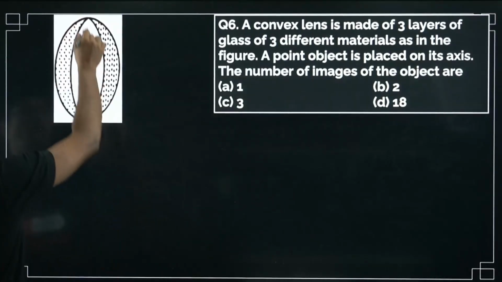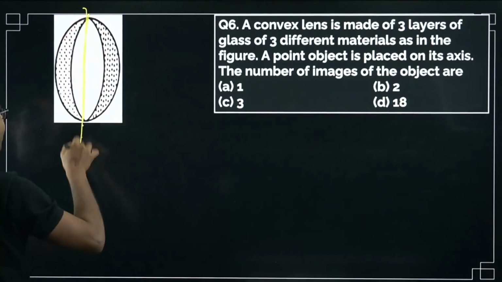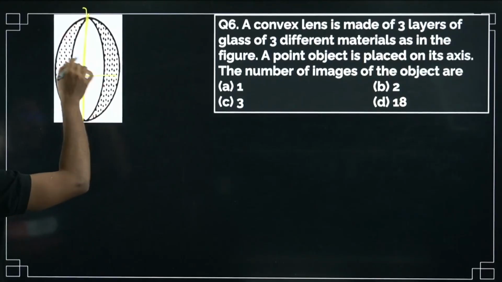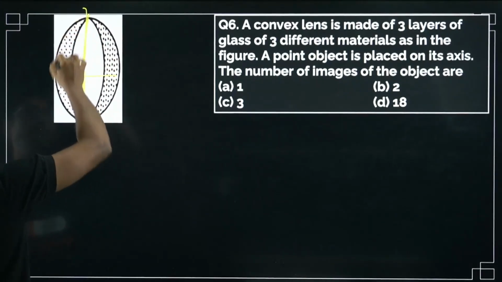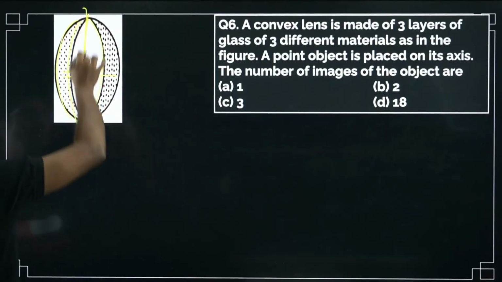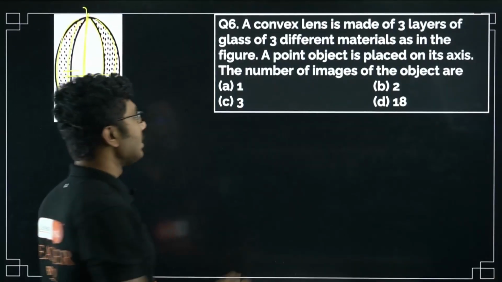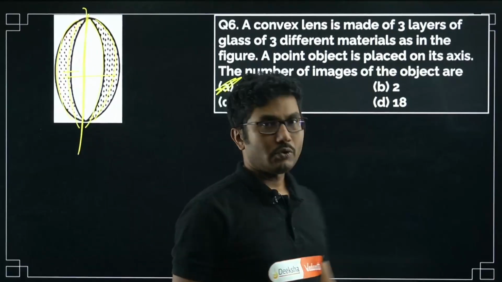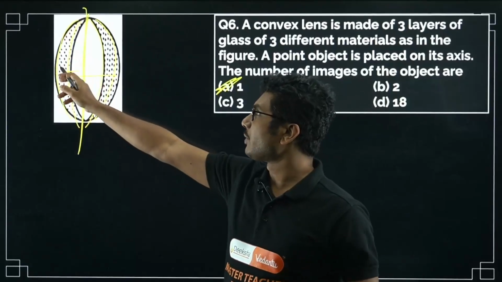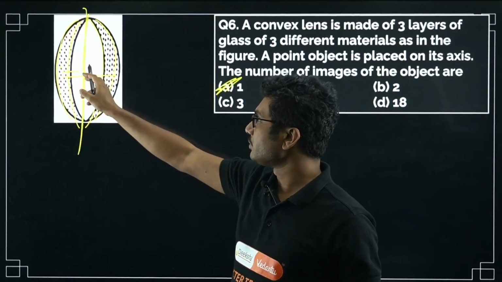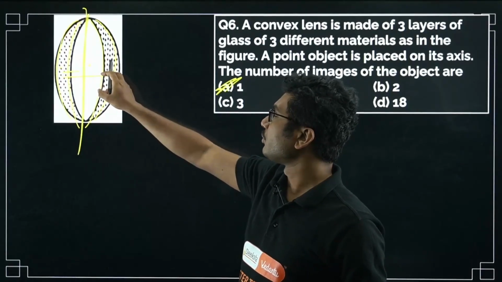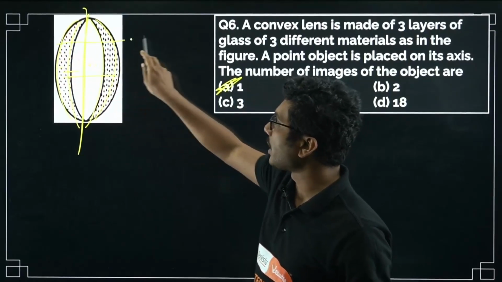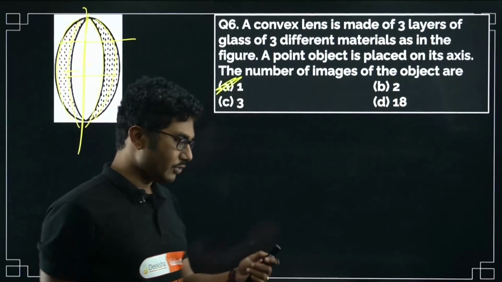Even though the refractive indices are different, because they are one after another, the final image will only be 1. Whatever image is formed by this one will act as the object for this one, and whatever image is formed by this one will act as the object for this one. The ray can pass through only one way, so only one image will be formed.